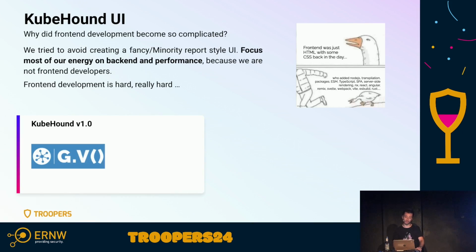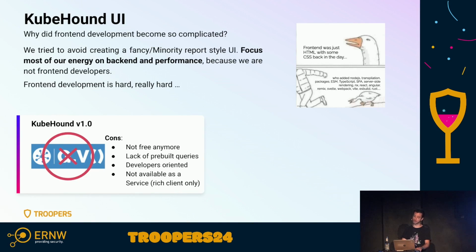We first went with an application called g.v, but we moved away from it because first it was free, now you have to pay, which was against our mindset. We wanted everything to be open source or at least free. It was also really oriented toward developers, and it was a rich client you had to install on your laptop. You couldn't ship it pretty easily.